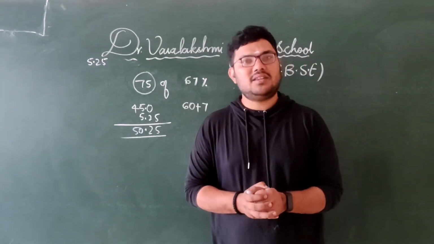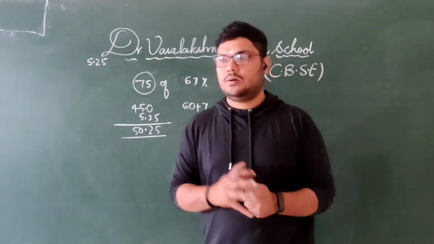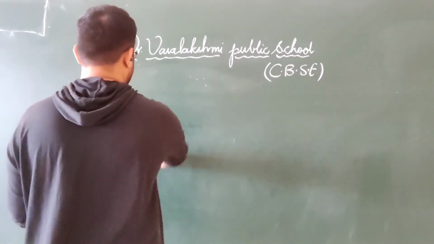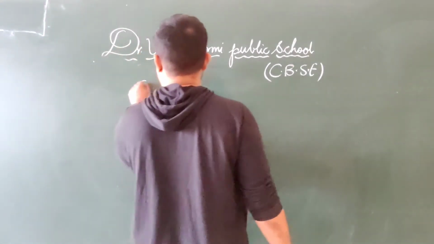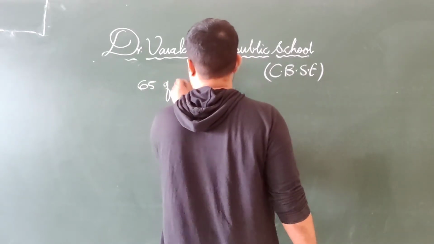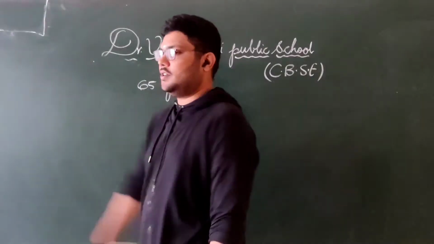So last and final example to make you understand better. So I am going with 65 of 22%. How to calculate 65 of 22%?